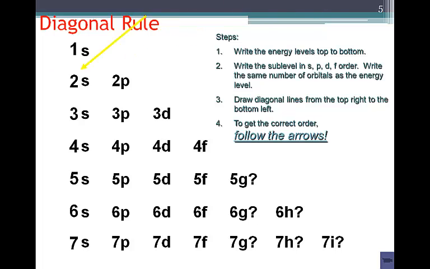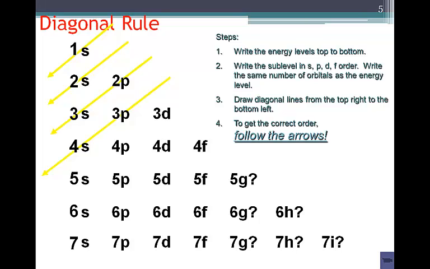So the first thing that we fill is the 1s sublevel, followed by the 2s sublevel. After 2s is filled, we come back to the top right and draw a line from 2p to 3s, and then draw our next line from the top right going to 3p to 4s.